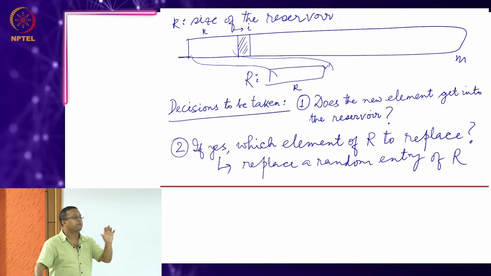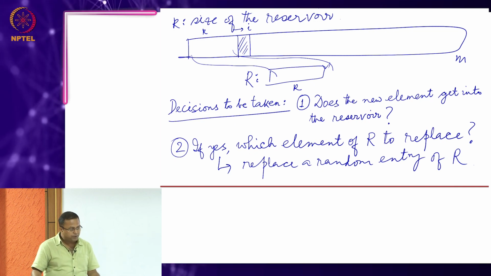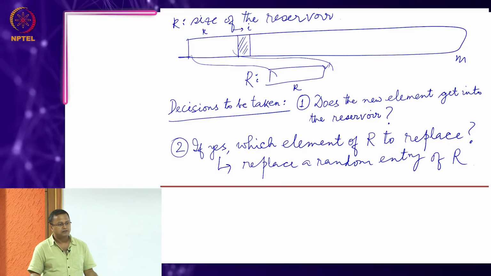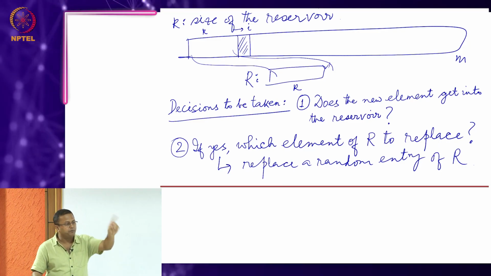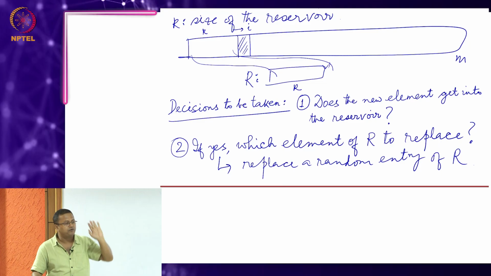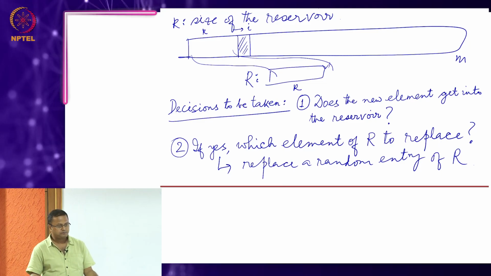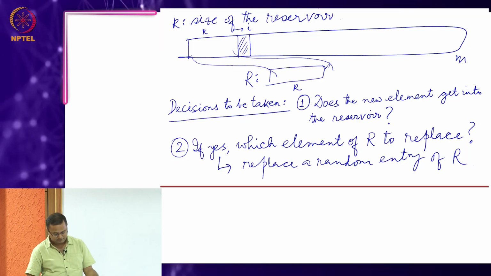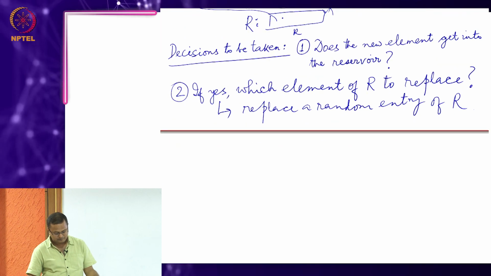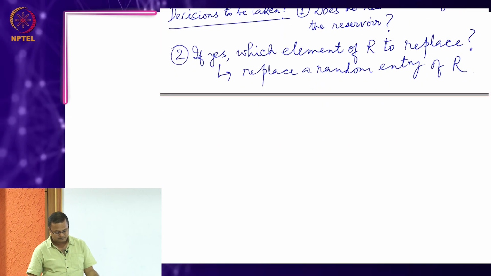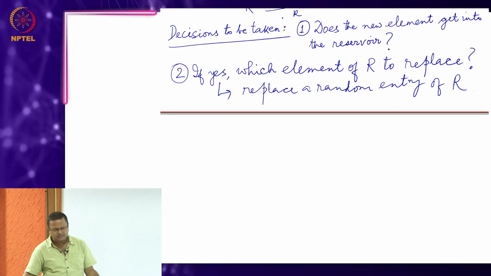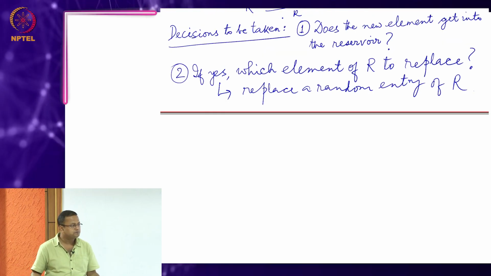That with certain probability, put this element into a random entry of the reservoir R. Now, is this making some sense with you?